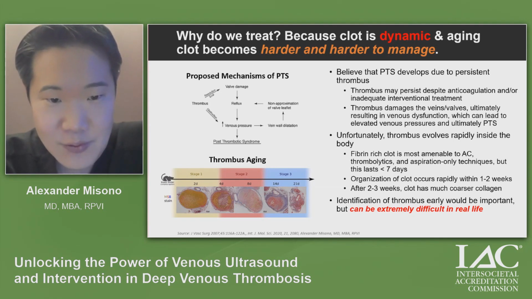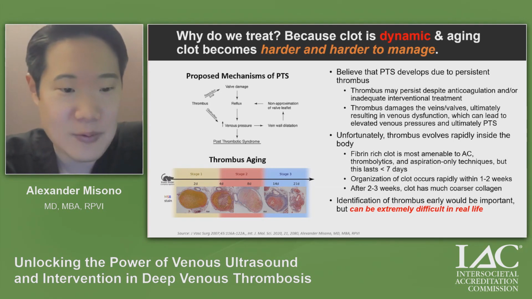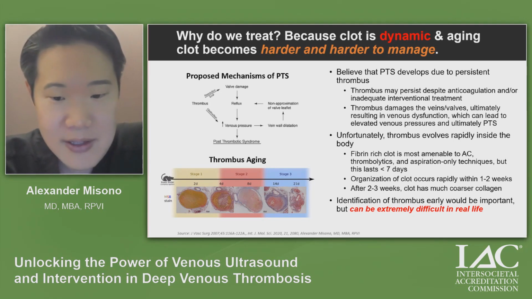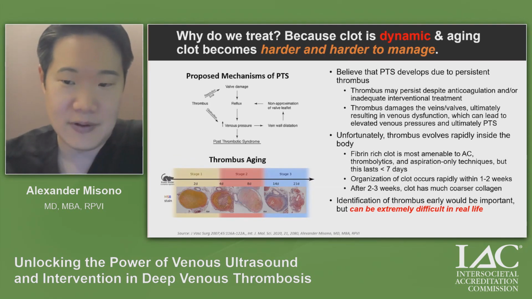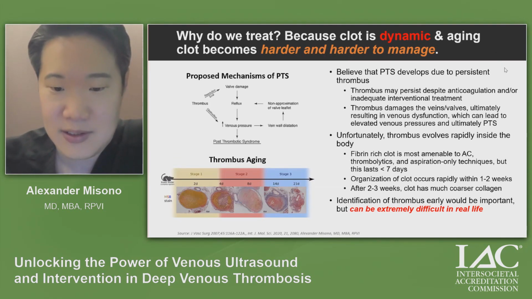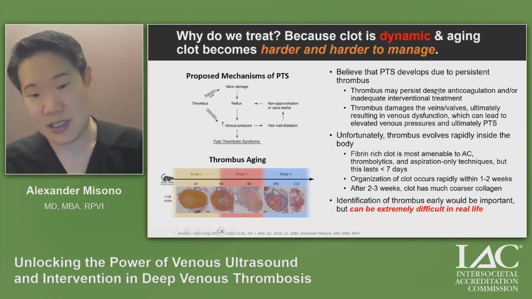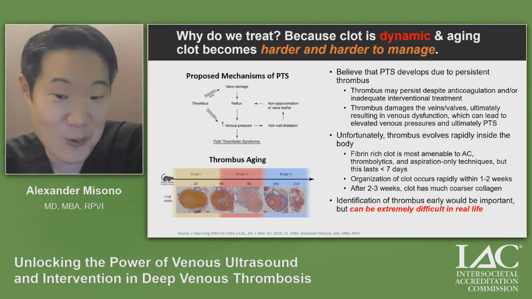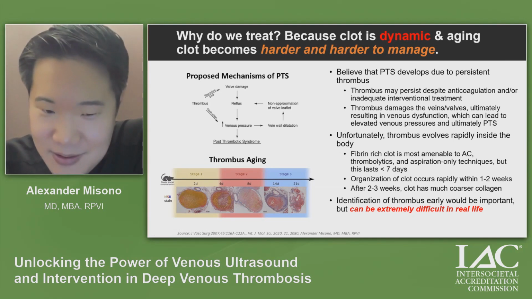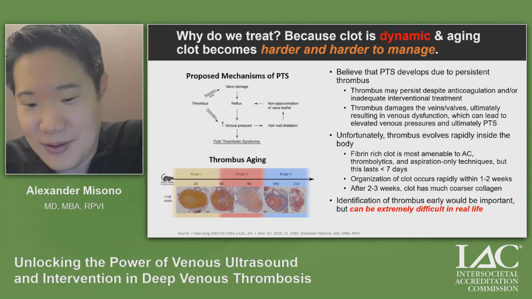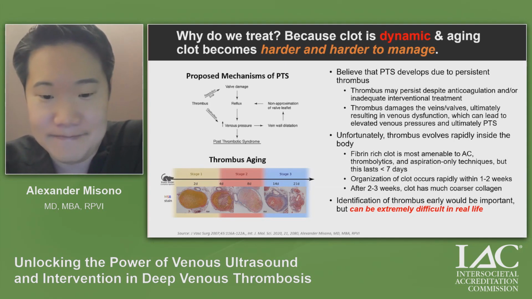And as that scar tissue forms, the valves stop working, the veins stop working, the venous pressure head starts to rise, and it can be difficult to treat with medical management. The truth is now, with technology, I can treat all forms of thrombus, but I'd rather get to it earlier if I can.